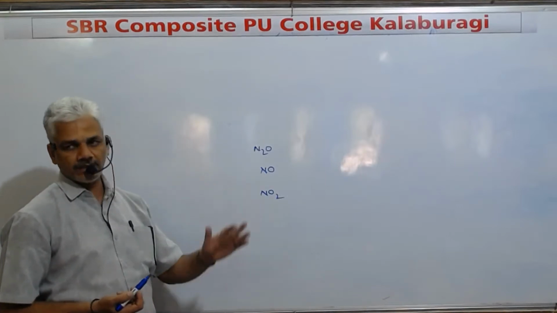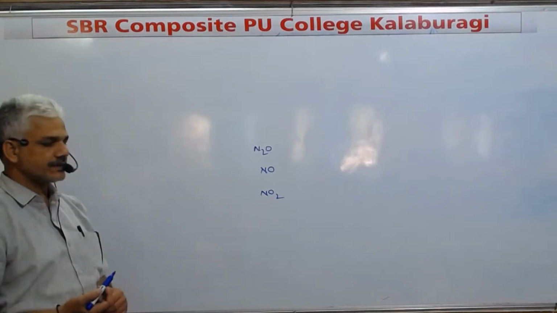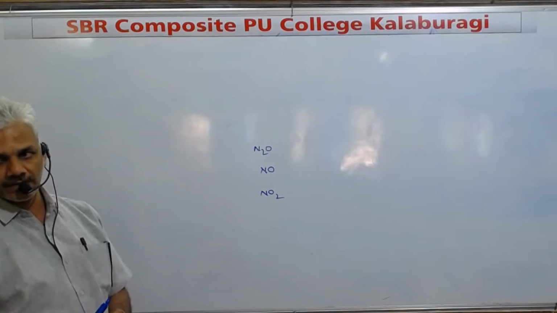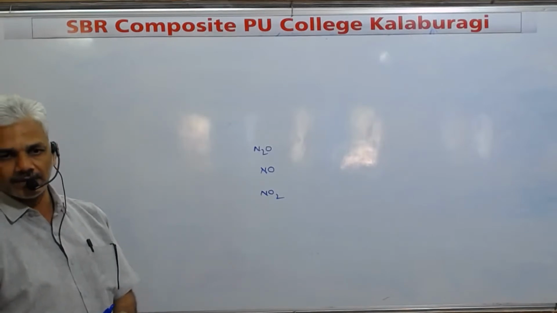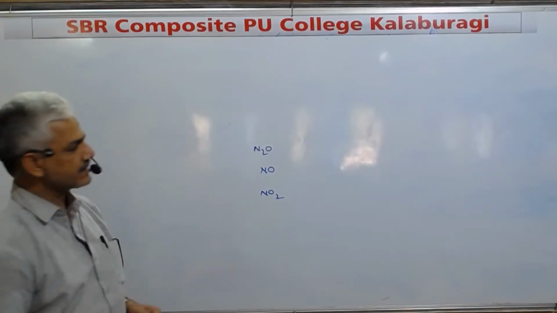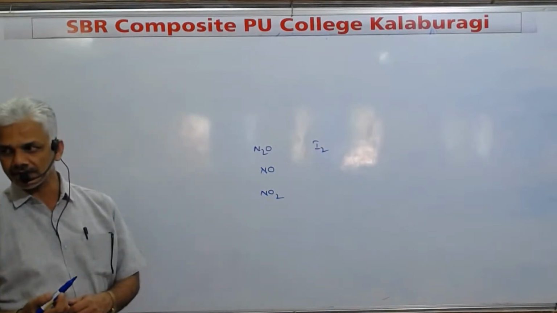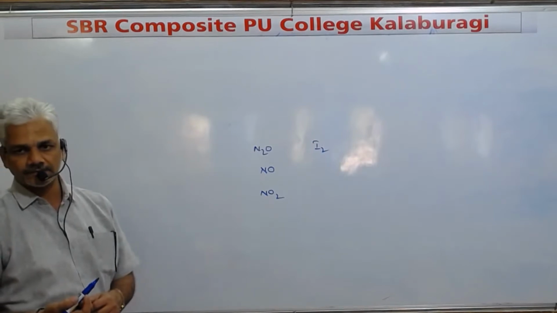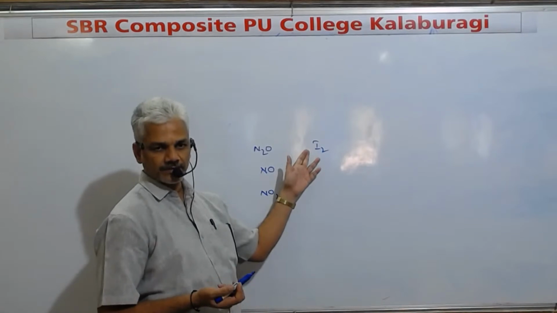Instead of metals, if you make use of non-metals, the non-metals will be oxidized to their highest oxyacids. Highest oxyacid means the non-metal will carry the highest possible oxidation state. Say, for example, you take iodine. What is the highest possible oxidation state for iodine? Iodine belongs to which group? 7th group.